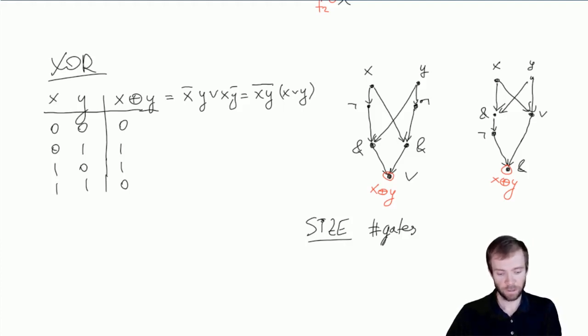So for instance, if we look at the left circuit, before we can compute the value of this node, we first need to supply it with inputs. And these inputs are provided by this layer of conjunctions. So they also need to compute their output based on some input values.